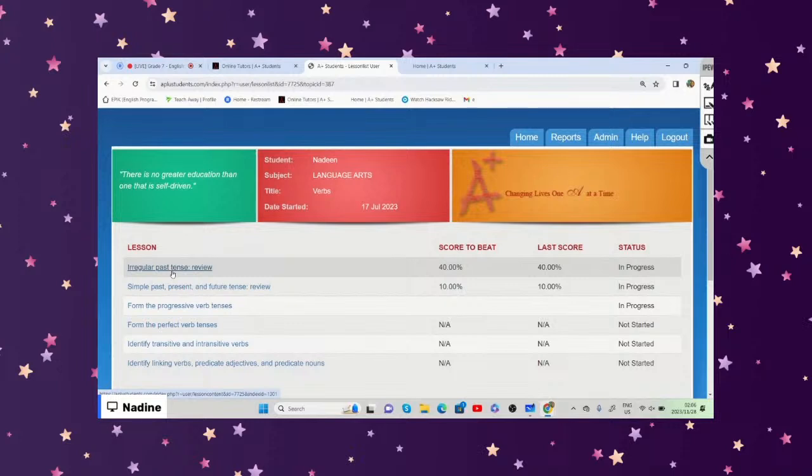For example, if I say now I run the race, then in the past, I ran the race. There's no ed or d or specific rule that I followed to show the verb in the past tense.